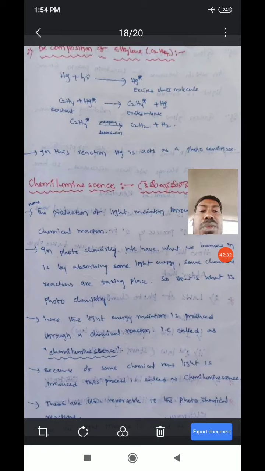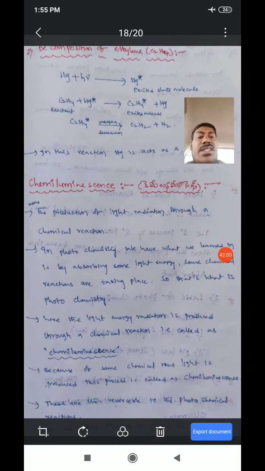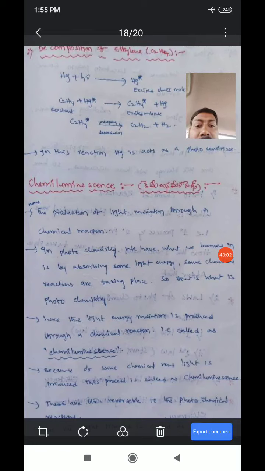This C2H4 reacts with the excited state mercury and forms excited state C2H4, which undergoes dissociation to form C2H2 and H2. So in this reaction, mercury is acting as a photosensitizer.